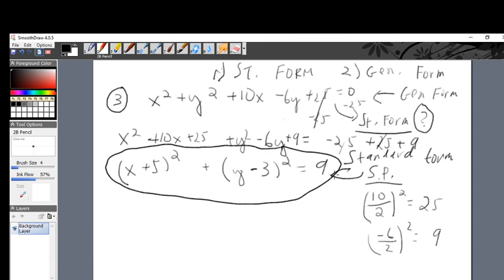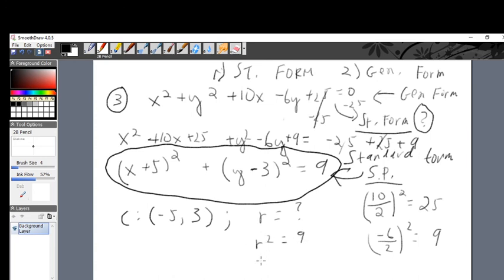Now, from there, what are the coordinates of the center? We did this before. Take the opposite of plus 5, which is negative 5, and the opposite of negative 3, which is positive 3. There are the coordinates of the center. What is the radius? The radius squared is equal to 9.